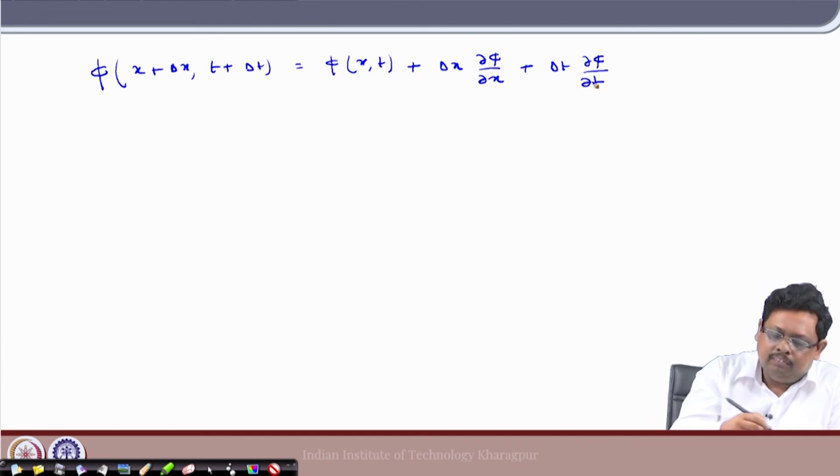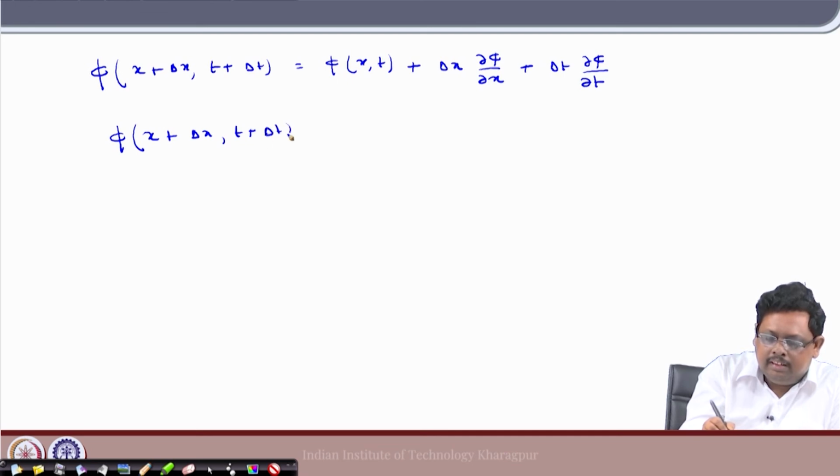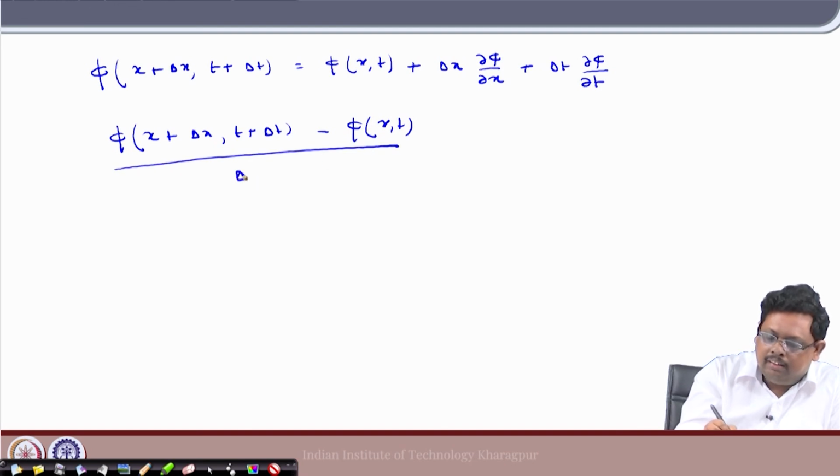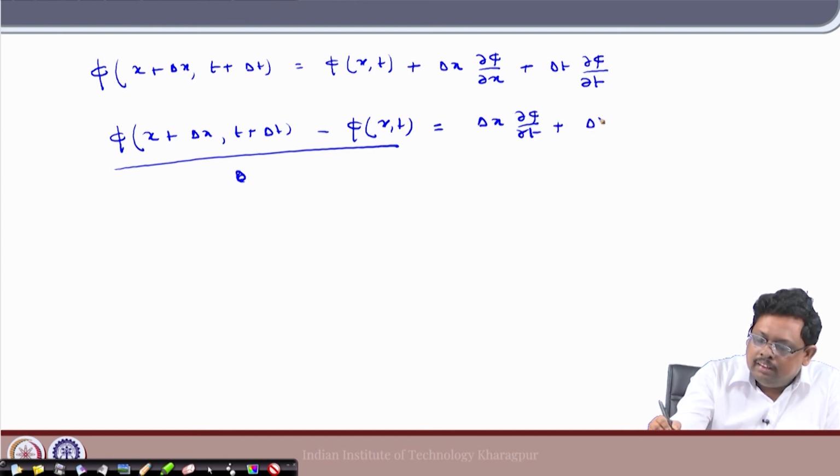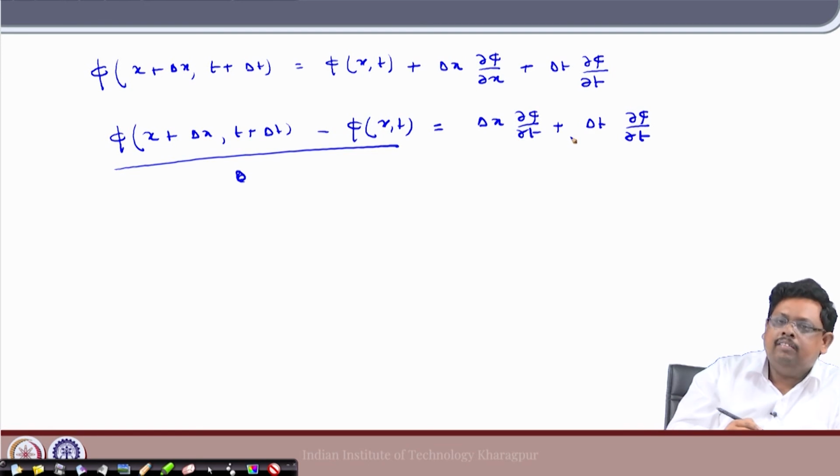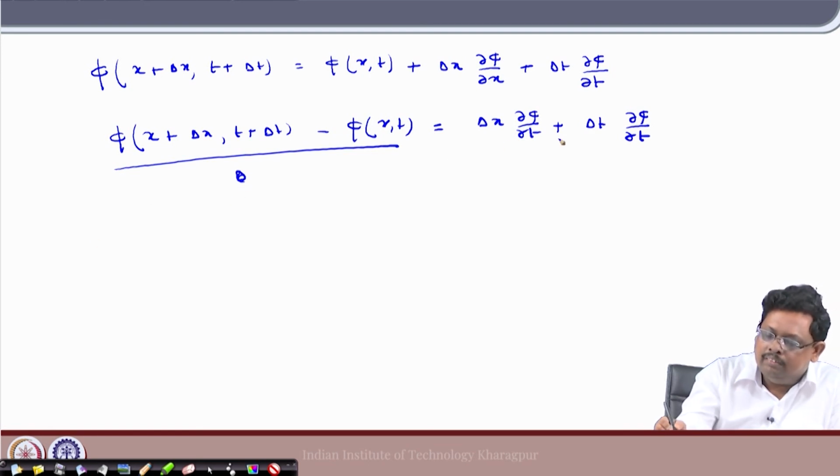Now, I just do some mathematical manipulation. I take phi of x plus delta x comma t plus delta t minus phi of x comma t, which equals delta x into del phi del x plus delta t into del phi del t. Now, I divide everything by delta t and take the limit tending to 0.